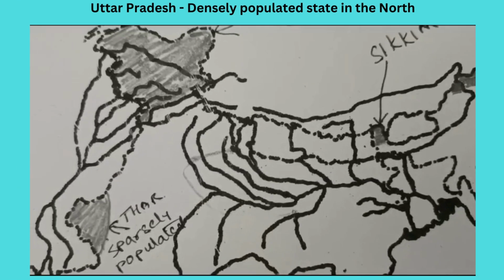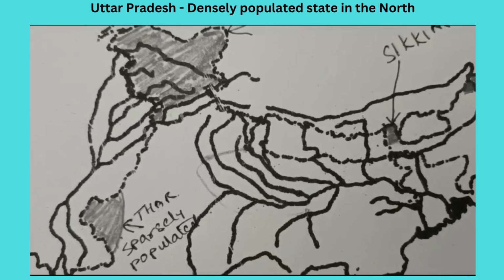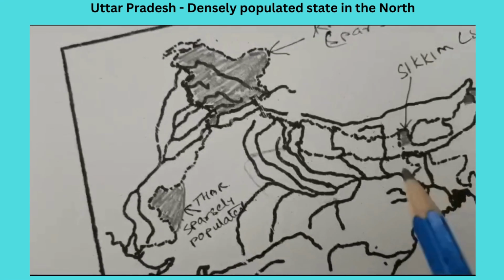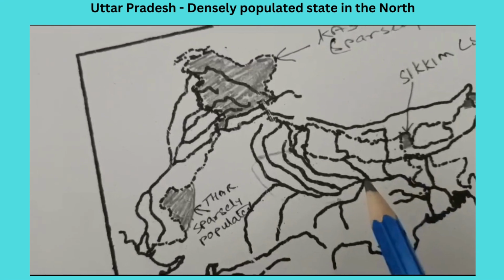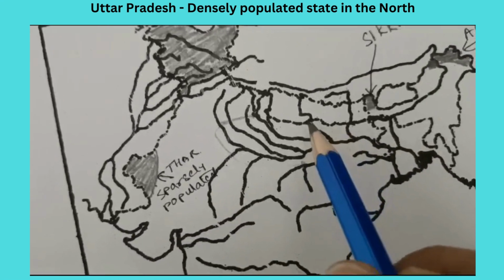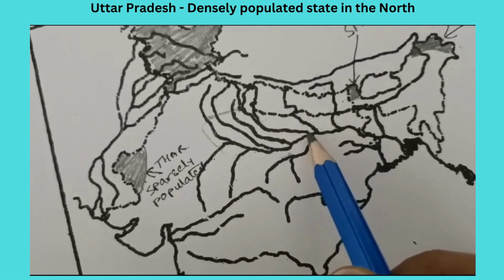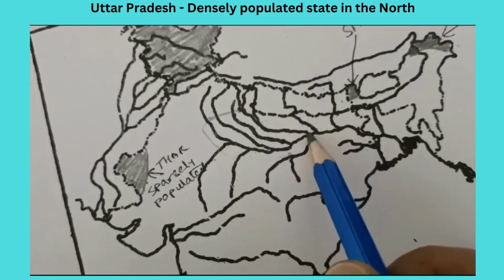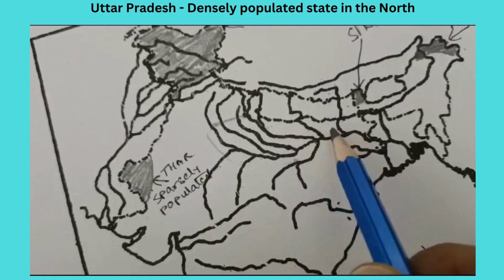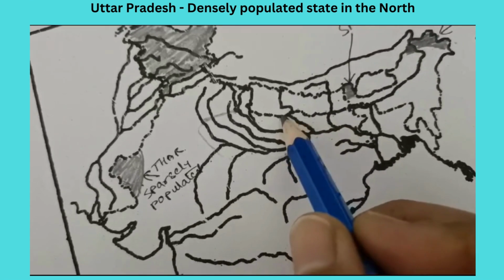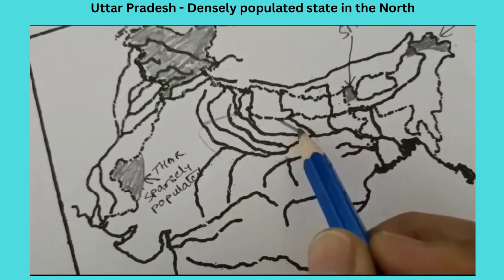The first densely populated state in the north that we are going to mark is Uttar Pradesh. Now look at the limitations first. If you see this river, and there is another point here, just beside this river, from this point till here you make a line. So that will be our boundary.